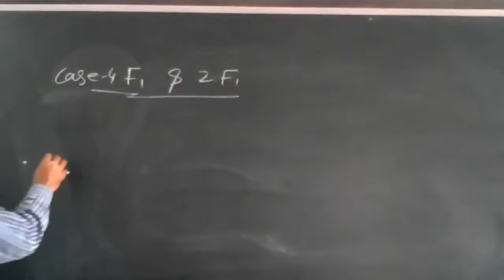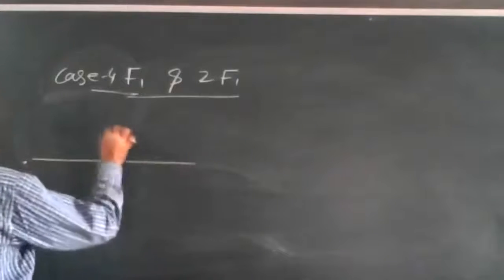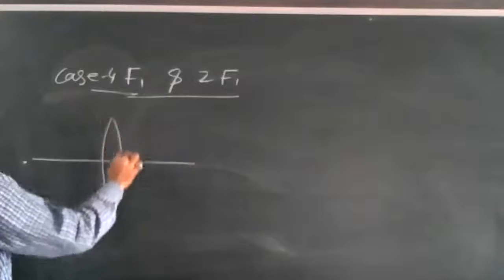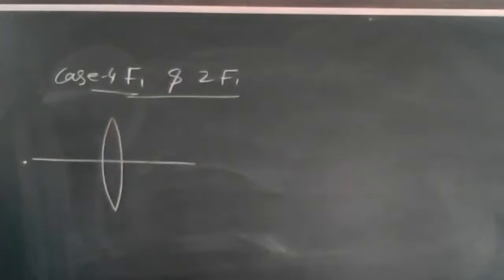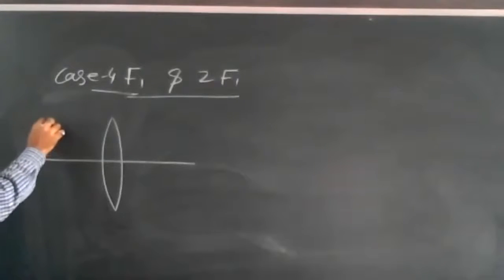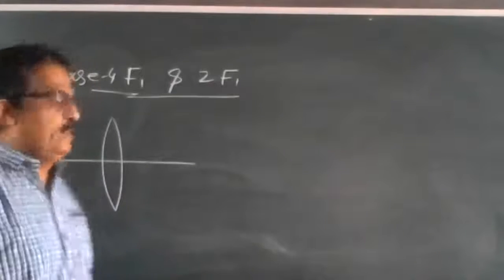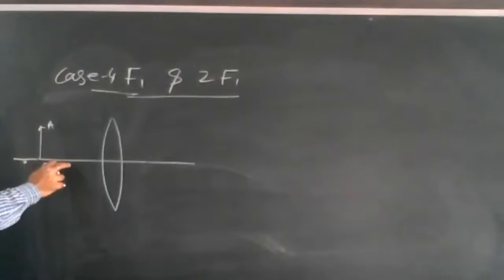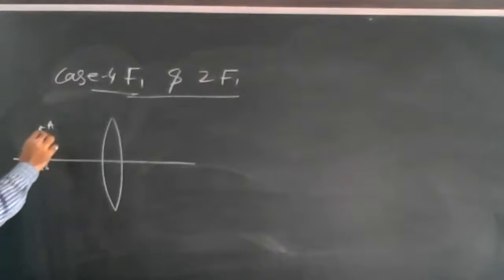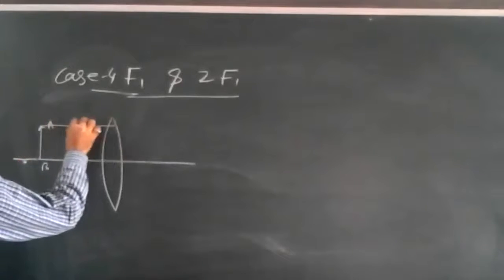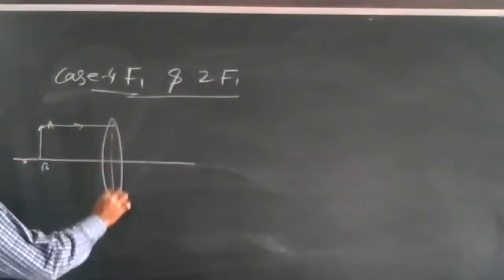Let us see. This is our principal axis. Here is our convex lens. Dear children, suppose our object is kept over here. AB is the object, and this object is in between F1 and 2F1. One ray is parallel to the principal axis.